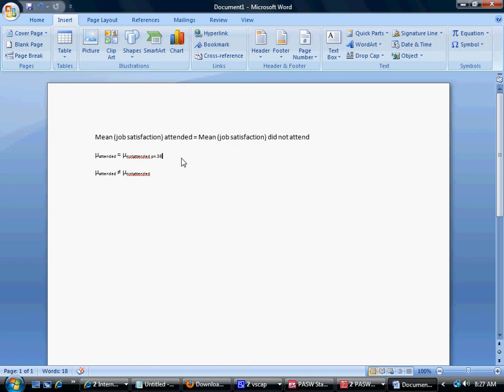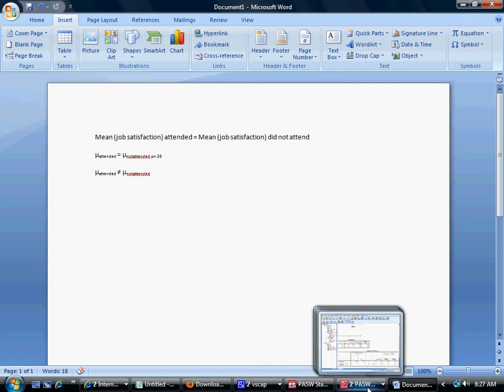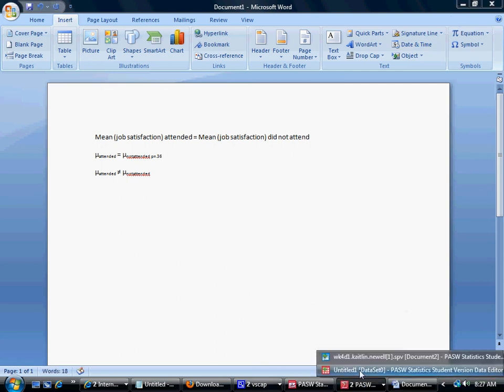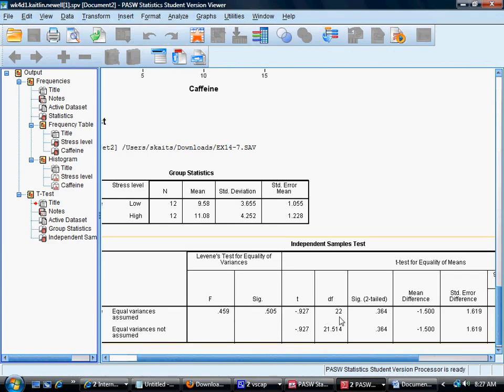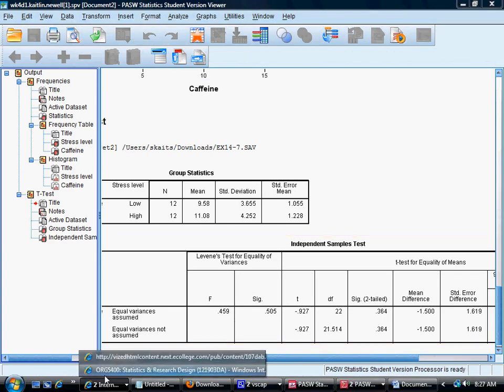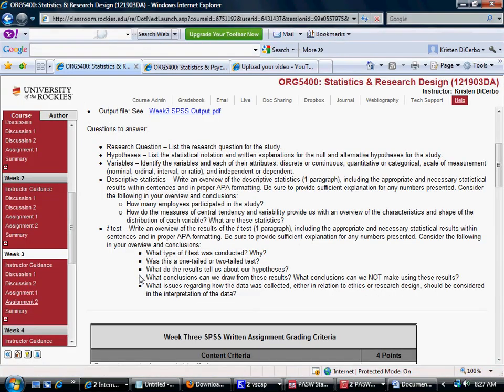Since that is greater than 0.05, we say it is likely they're equal, so there is not a significant difference between the means in the population. There is not a relationship between stress and how much caffeine you've consumed. So that's how we look at the output of a t-test and think about what those results mean. And when you look at your questions, that's what it's going to tell you about your hypothesis.